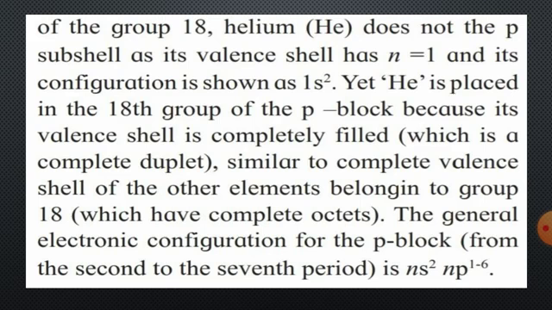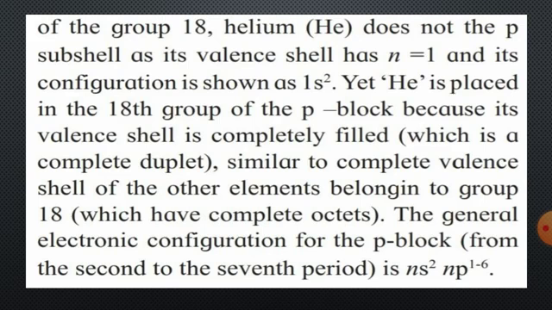You see in group 18, neon, argon, krypton, as you move downwards, all the elements of group 18 leaving behind helium have a complete valence shell like helium, but their valence shells contain 8 electrons, that is, they are a complete octet, while helium has a complete doublet. Due to this similarity, helium has been placed in group 18 in the p block elements.